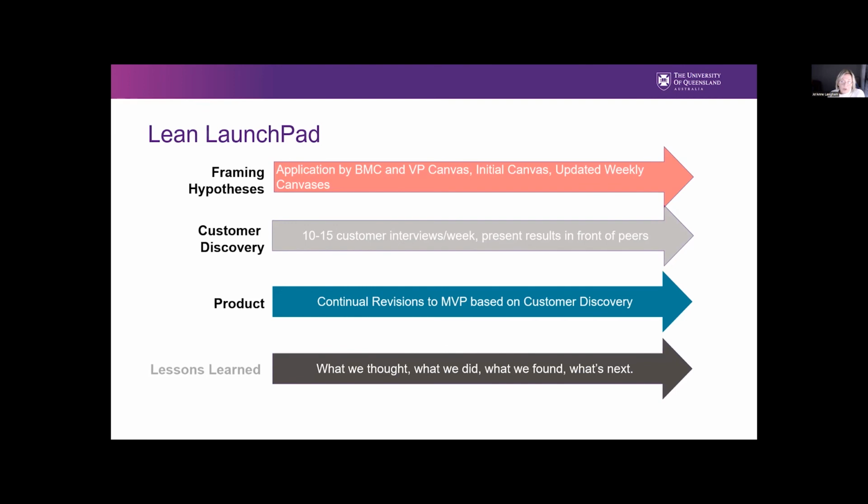We want to know what we thought, what we did, what we found, and what's next as the lesson learned from this product or this project. And this is essentially the last step of the Lean Startup, Lean Launchpad.